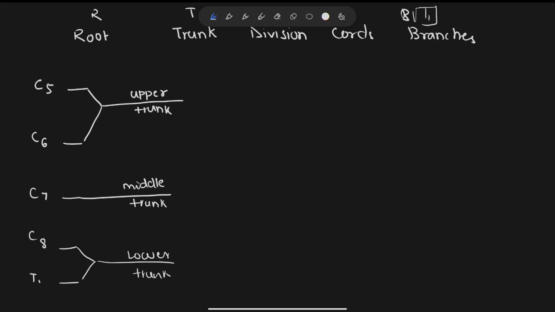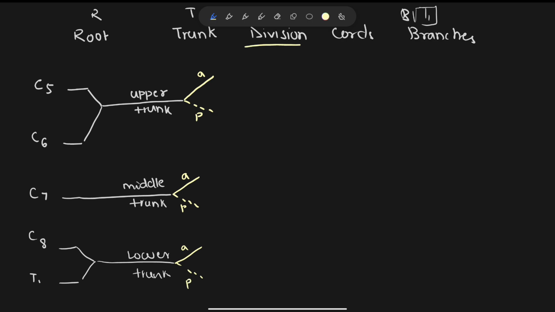Now, how is division formed? Each and every trunk will divide into 2: anterior division and posterior division. Anterior division and posterior division, anterior division and posterior division.